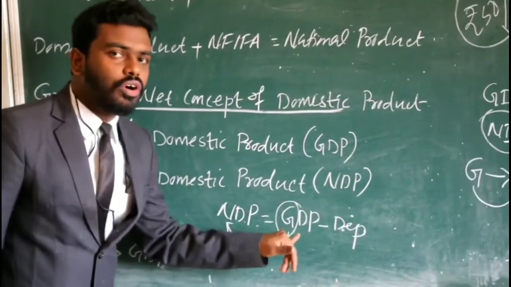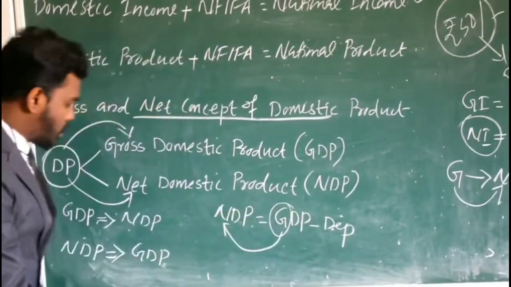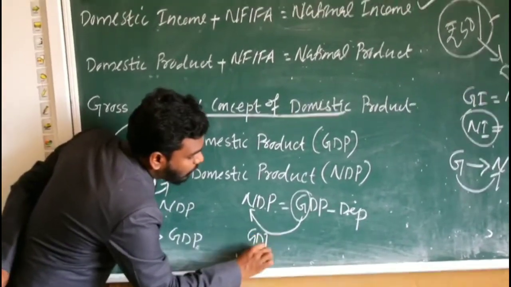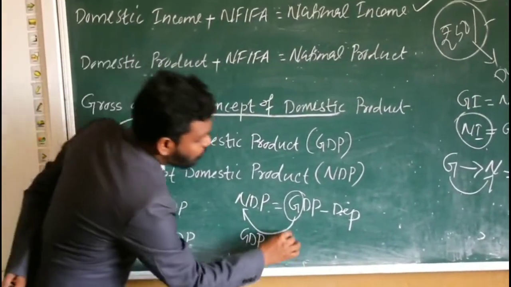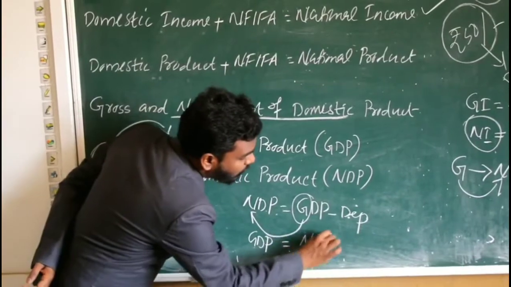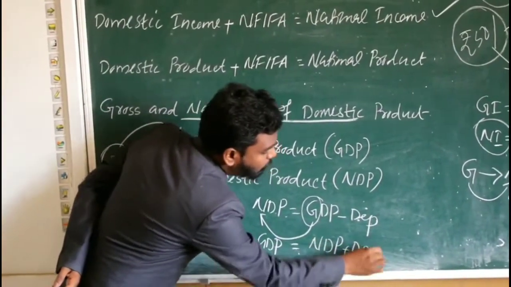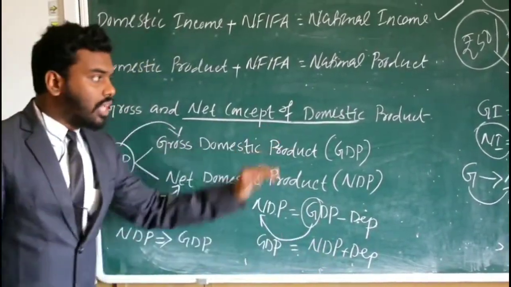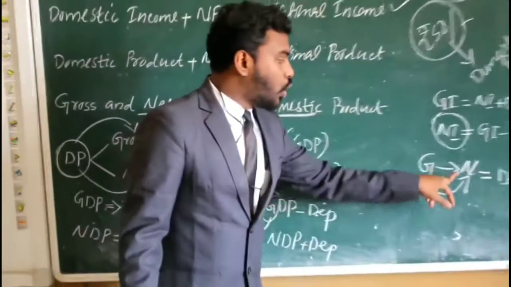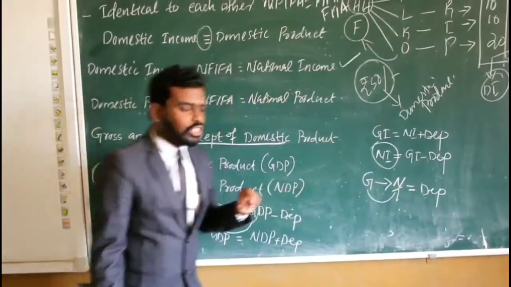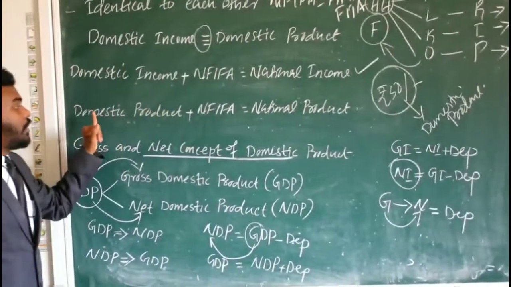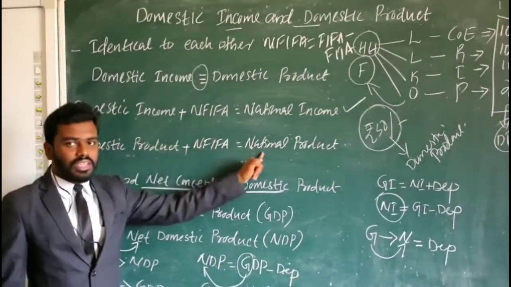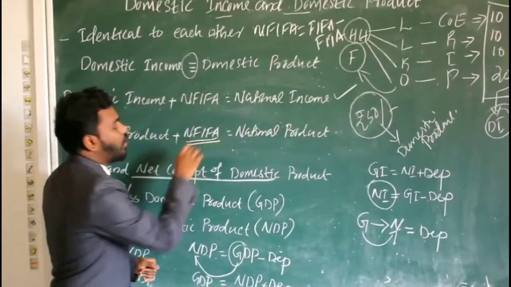NDP is equal to GDP minus depreciation. And from this NDP we can calculate GDP. GDP is equal to NDP plus depreciation. So keep in mind, the difference between gross and net is depreciation, and the difference between domestic and national is NFIA.